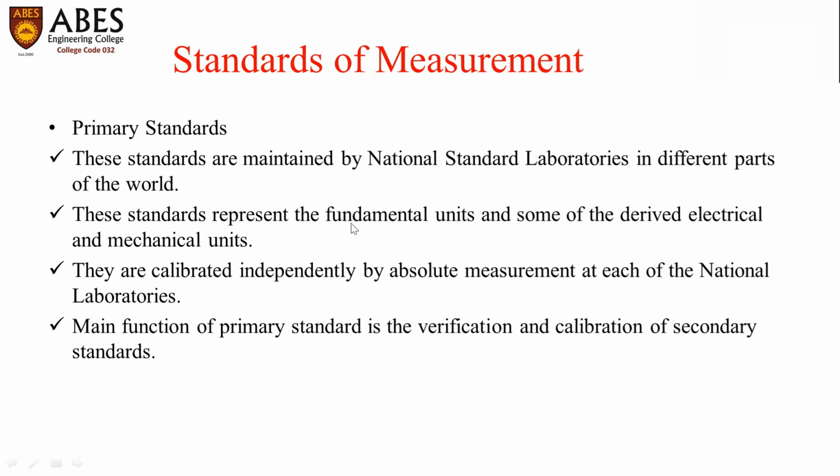These standards represent the fundamental units and some of the derived electrical and mechanical units. They are calibrated independently at each of the national laboratories. So they have their own calibration process, right? And accordingly, it will be done with the help of the international standards.